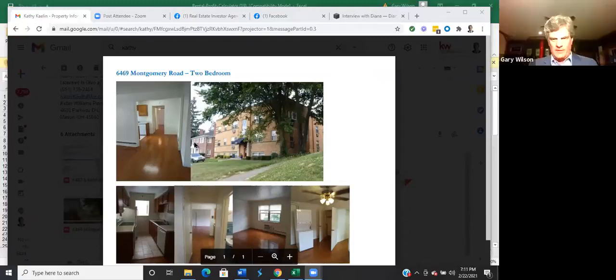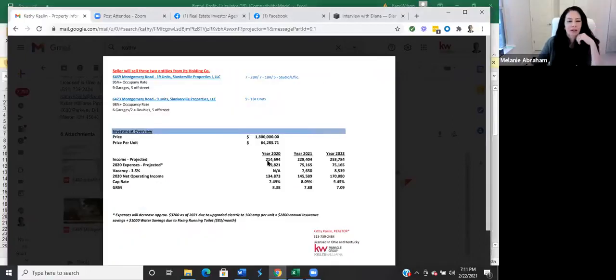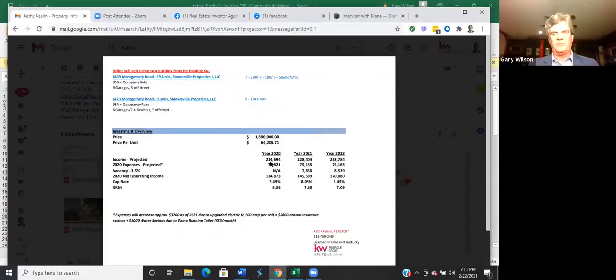All right, this is year 2020, which was last year. So that's actual figures. We're gonna have more data here in a second. I just want to show you the overview. They're saying projected income is 214,000 for the year. Expenses were 79,000.